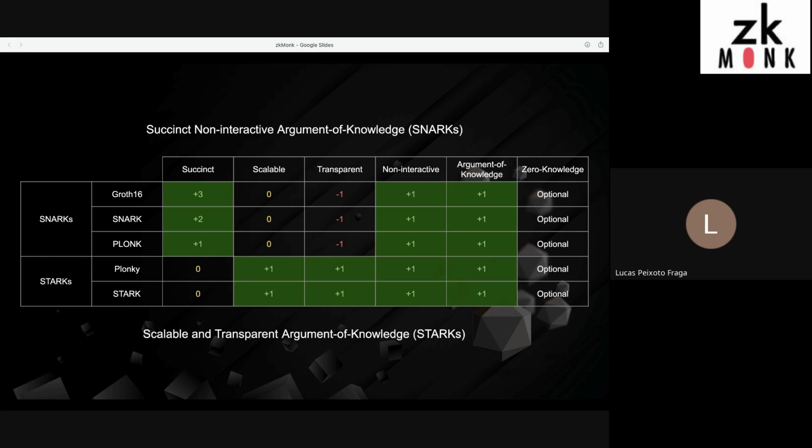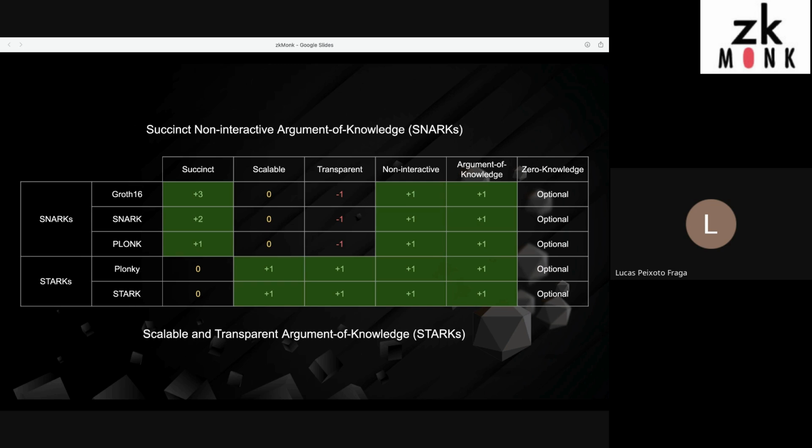Now I will start to explain Groth16 and the original SNARK, which are very similar. There's a class of SNARKs that look like these two protocols. And then there's PLONK. Although PLONK is a SNARK, it's very different from the rest of the SNARKs.